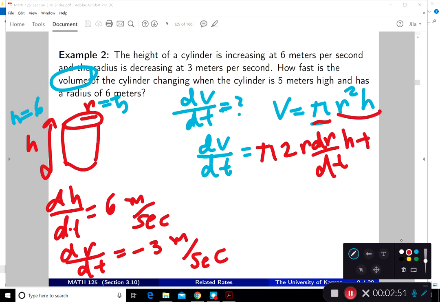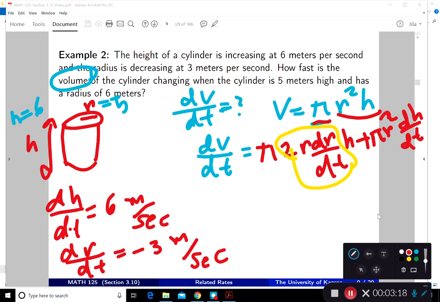So this part is the derivative of r squared, then times h. Now I have to do r squared times the derivative of h. So pi r squared, derivative of h, which is dh/dt.